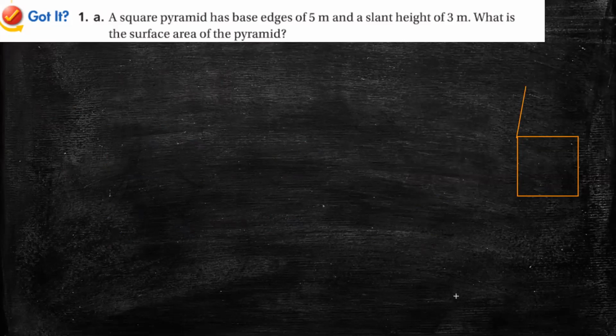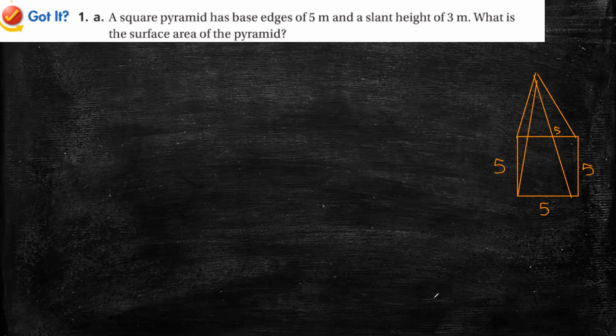This side here, another side here, another side here, and another side here. Let's make a pyramid. The edge of the base is 5. That means they are the same. Here is 5, here is 5, here is 5, and here is 5.